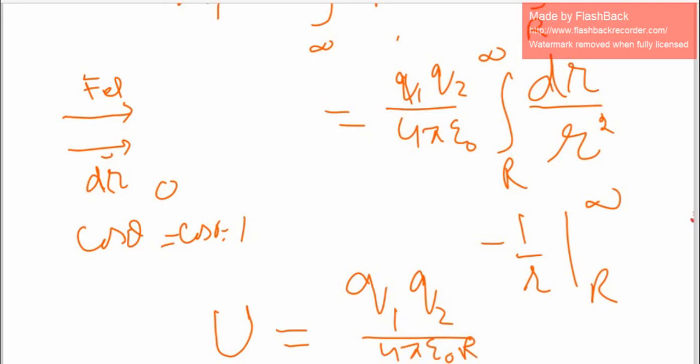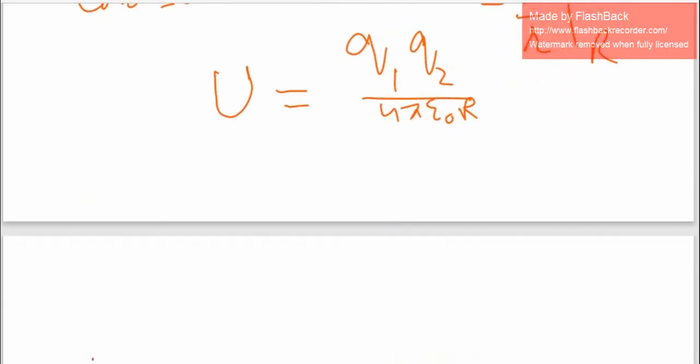Now if q1 and q2 both are positive, or both are negative, I do positive work.